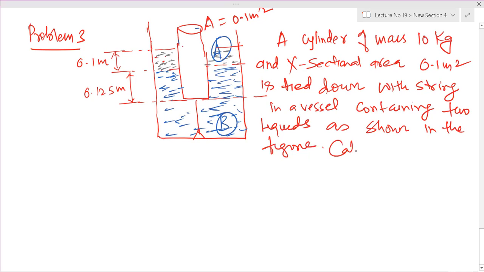Okay, so calculate the tension in the string.